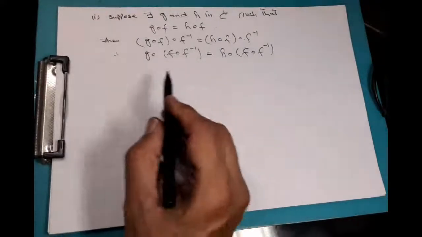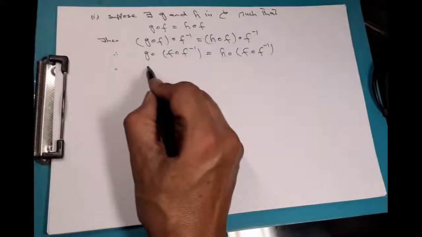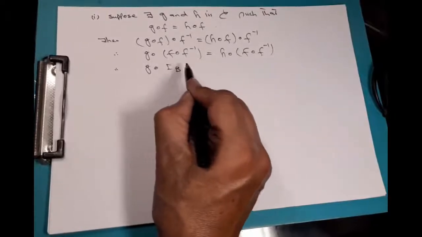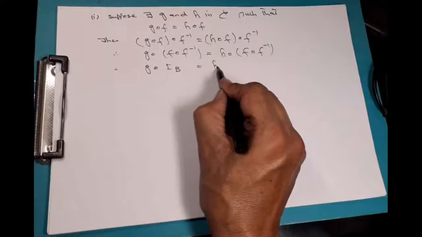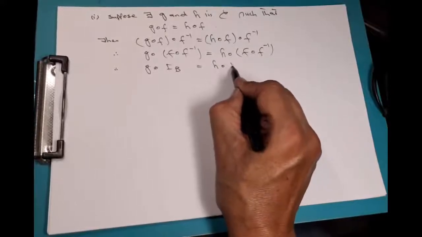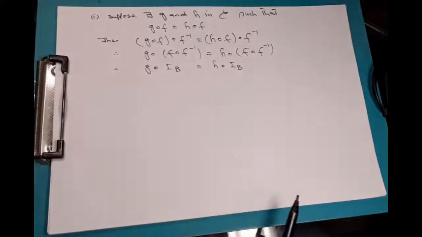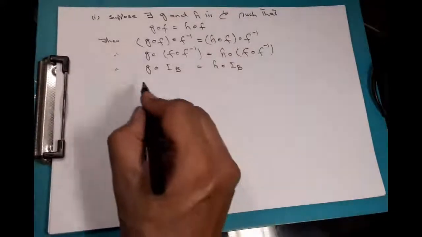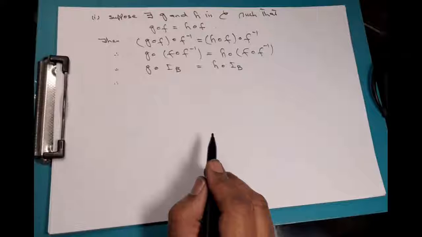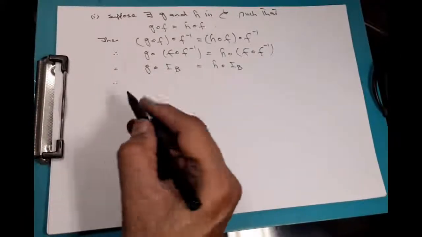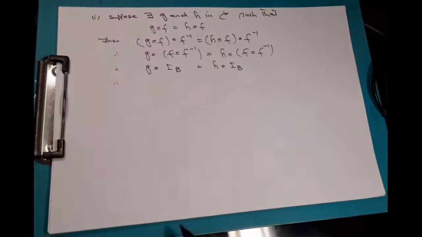Therefore we can write G circle identity of B is equal to H circle identity of B. And we know that if we compose with an identity morphism, the result remains the same morphism with which we are composing that identity morphism.